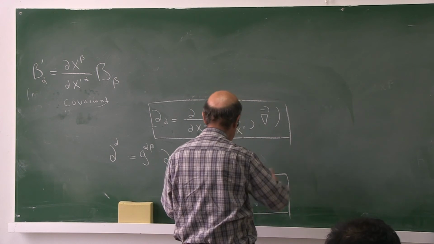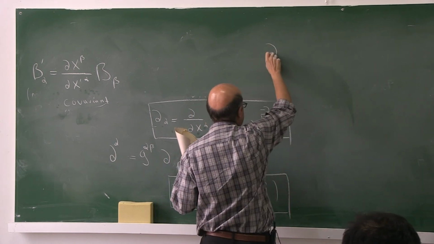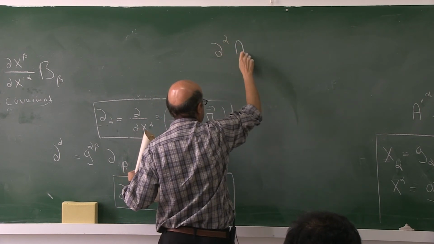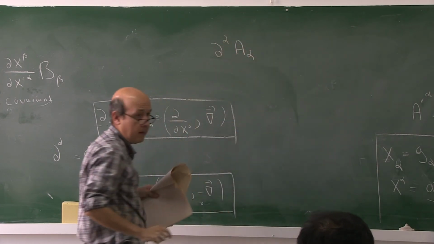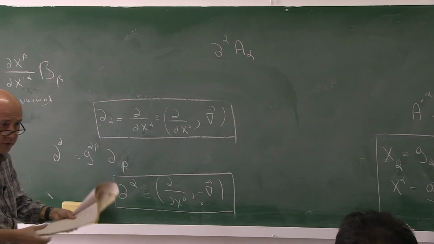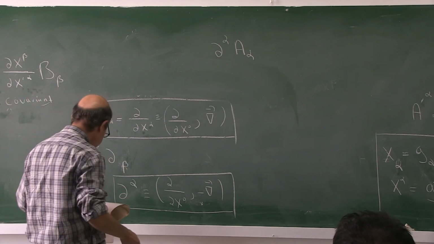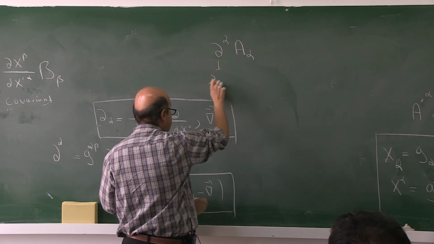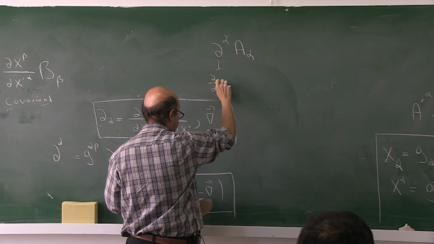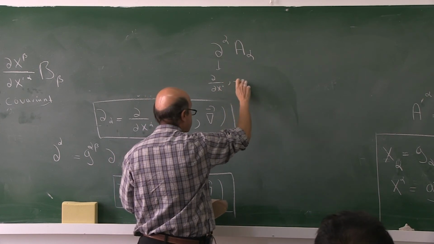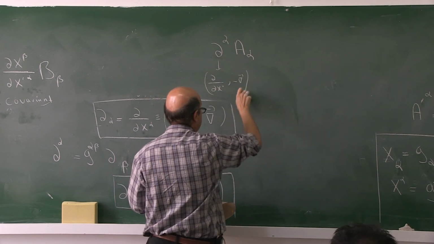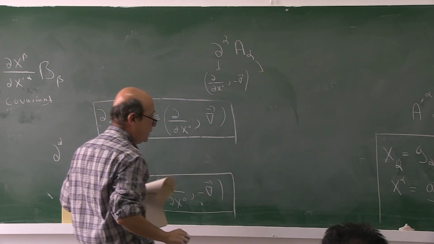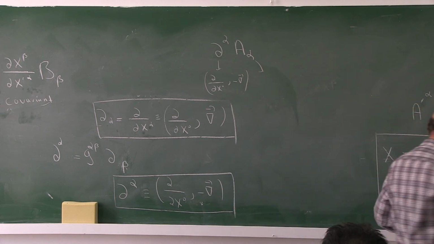So that is a very simple presentation. Del alpha A alpha, or vice versa. When the index is up, that is equivalent to del x0 minus gradient. When the index is down, covariant here, what is this?